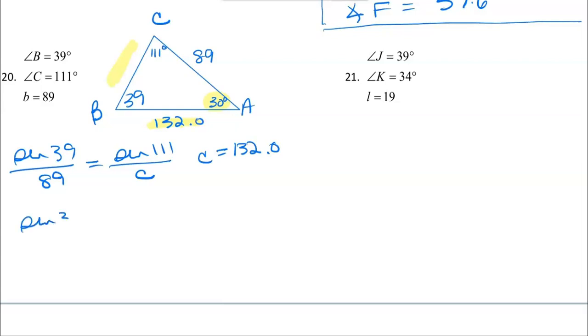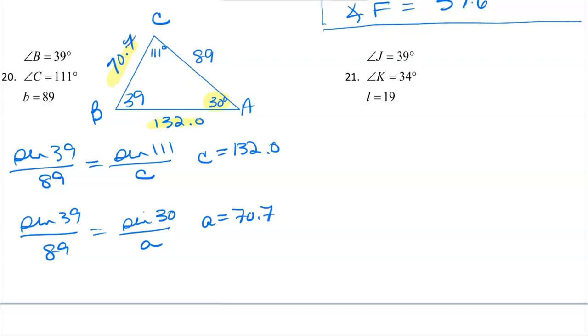Go back to your pairing, and you're going to say, okay, I still need across from angle A. So this is going to be little a. And when I do my cross products and I isolate, I get 70.7. And that's little a. Okay, they want me to do area as well.